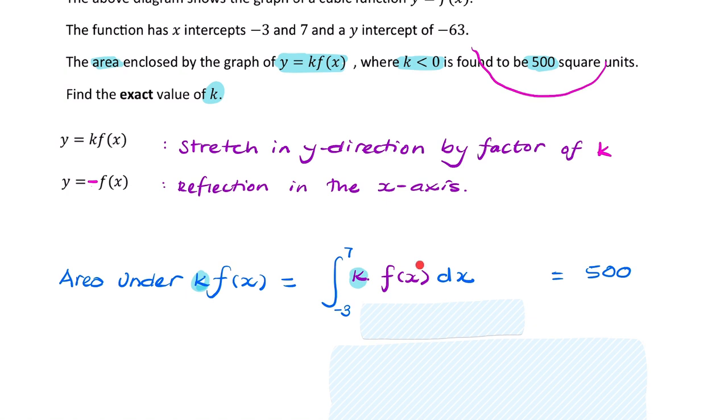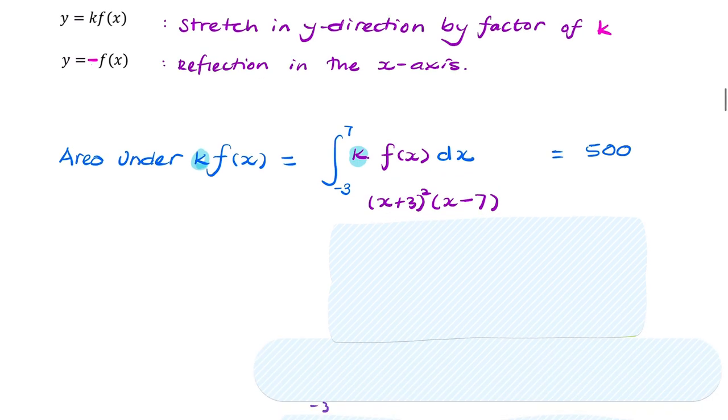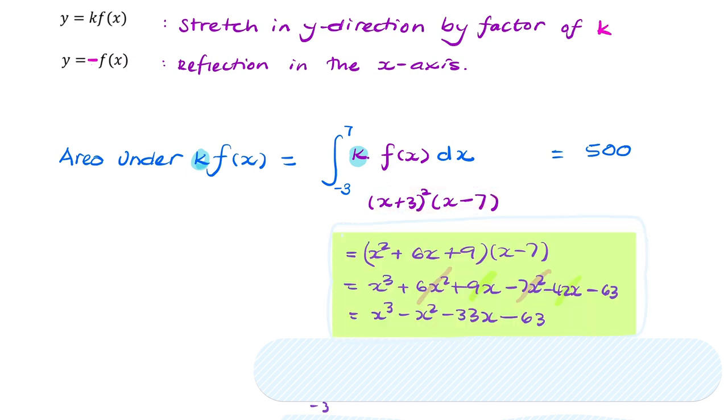So the first thing you need to do is replace f of x with what you know f of x is. So f of x is that function there. Now you can't integrate that because you've got multiplication, so you need to expand these brackets. So you need to carry out the multiplication, so x plus 3 times x plus 3 times x minus 7. If you multiply it all out, you get this.